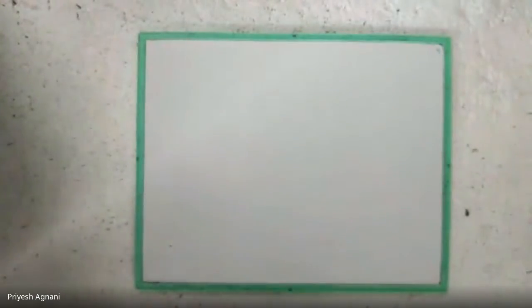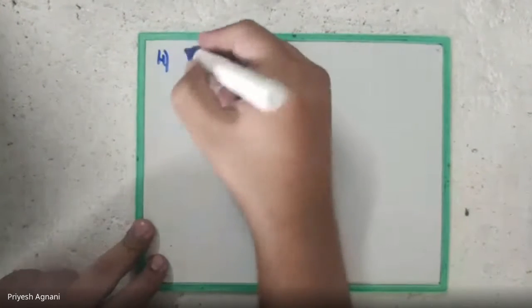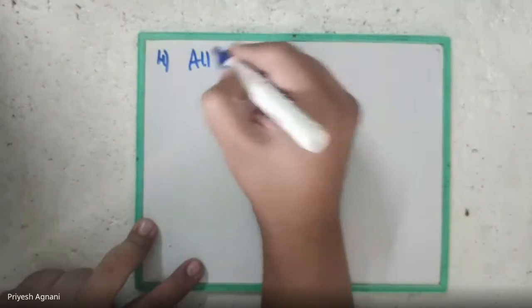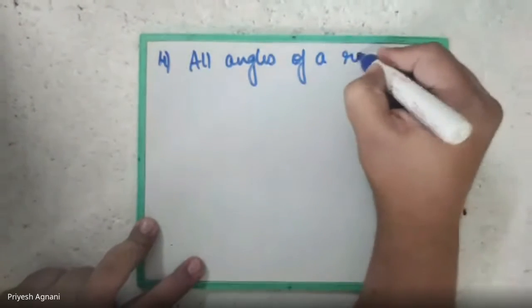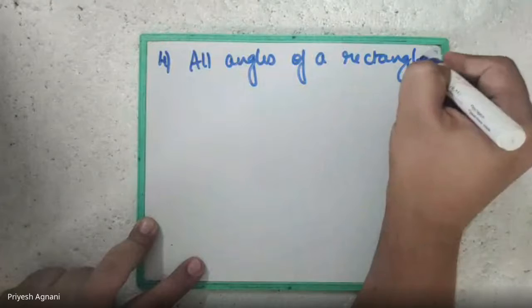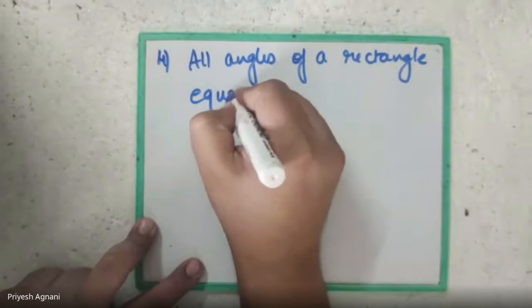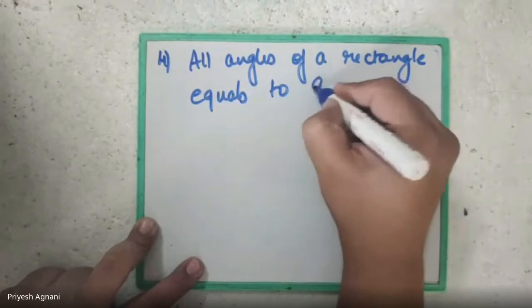Fourth one, number fourth, all angles of a rectangle equals to 90 degree.